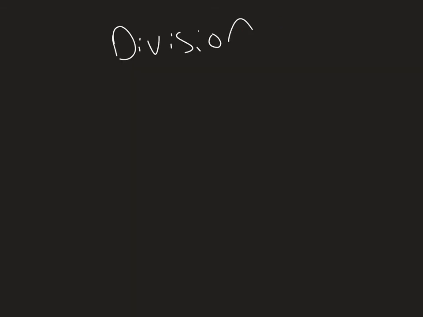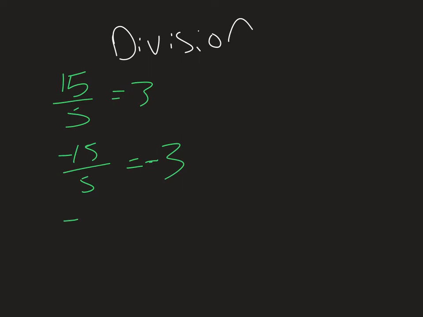The rules for division follow very similarly to multiplication. If I take 15 divided by 5, that makes 3. Likewise, if I take negative 15 divided by 5, that makes a negative 3. And we kind of talked about that in general. And if we have negative 15 divided by a negative 5, that makes a positive 3.